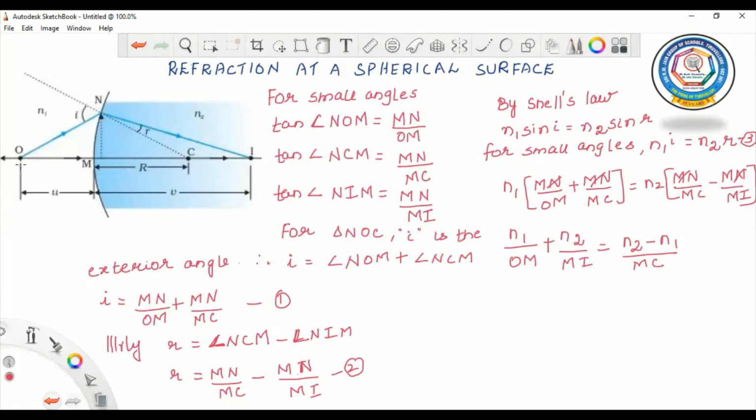Look at the diagram here, children. OM is nothing but your object distance.